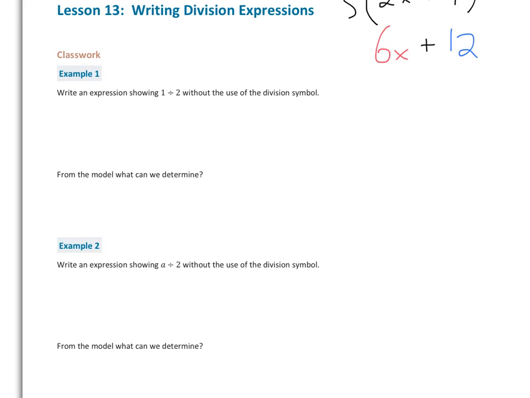So in example number 1, it says, write an expression showing 1 divided by 2 without the use of the division symbol. So the first thing that we'll do is just draw a simple tape diagram. So we have one thing, so I can make a little one piece. So there's 1, and I'm dividing that into 2.